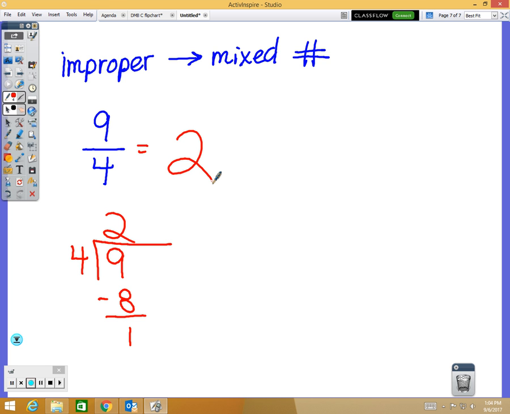And I know that 2 times 4 is 8, so that means I'd have 1 left over. And what does your denominator do? Stays a 4. Now, if you like seeing this long division, well, this is your whole number. And then 1/4. 2 and 1/4.